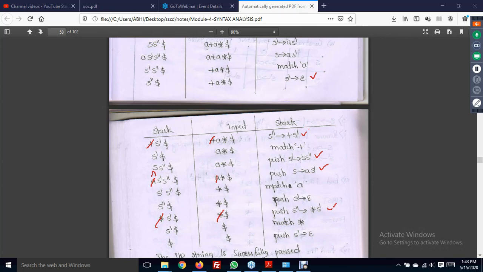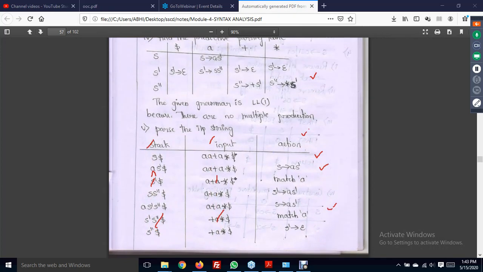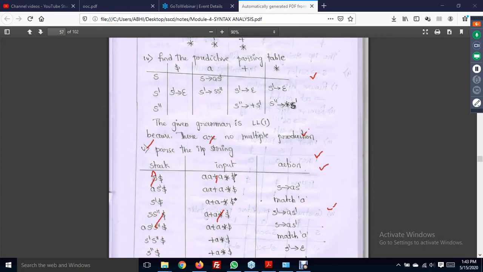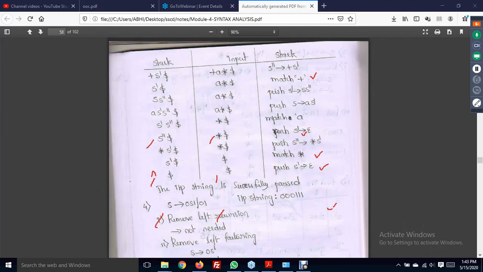So S dash with epsilon, S dash is having an epsilon production.